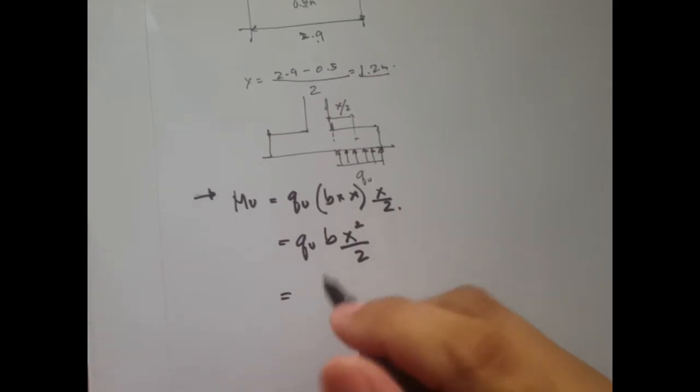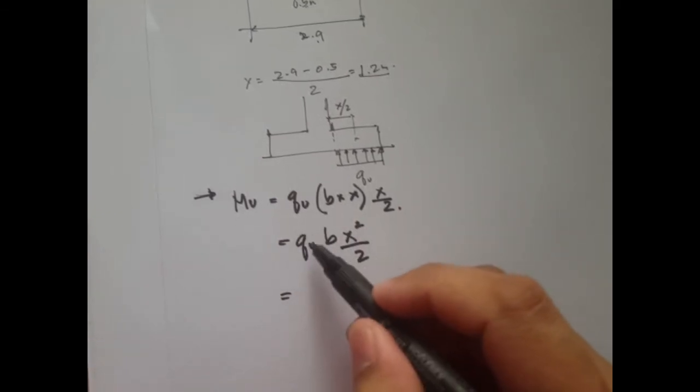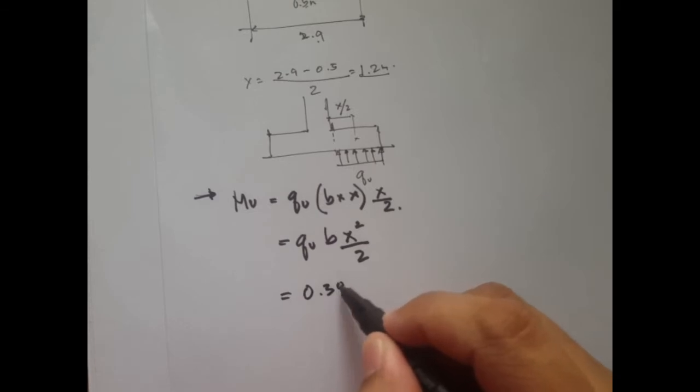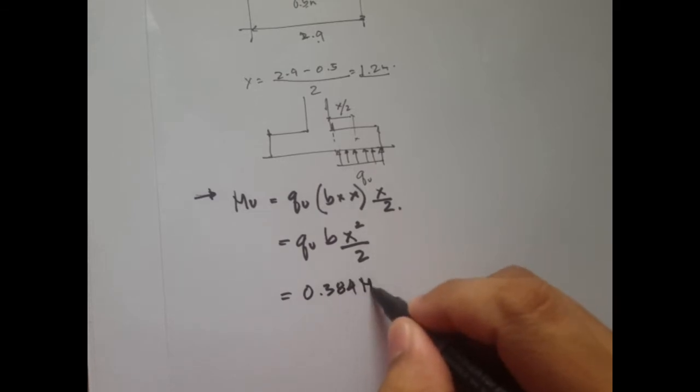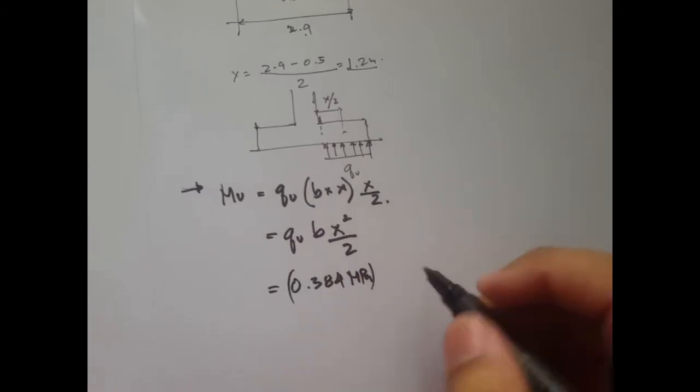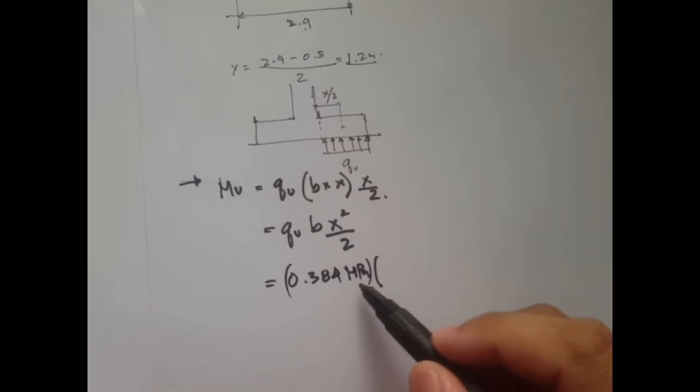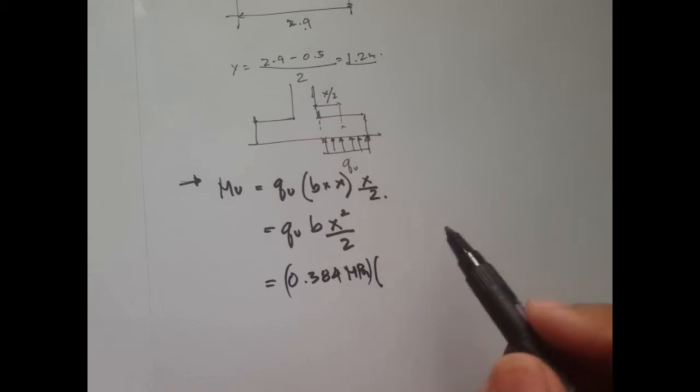Now if we substitute the values, this is 0.384, that's in megapascals. So take note, if you're using megapascals, then you have to use the appropriate units for the length.